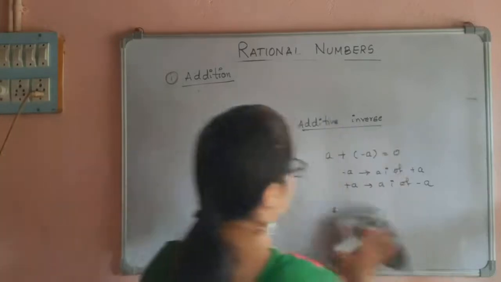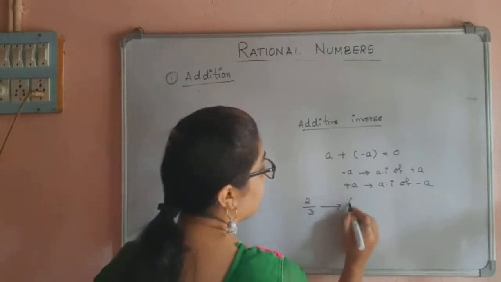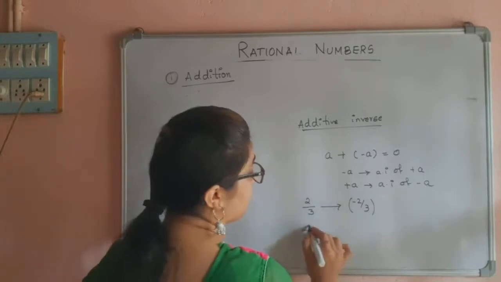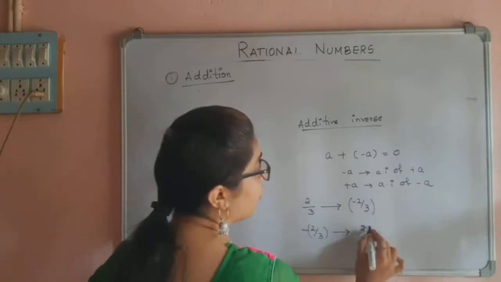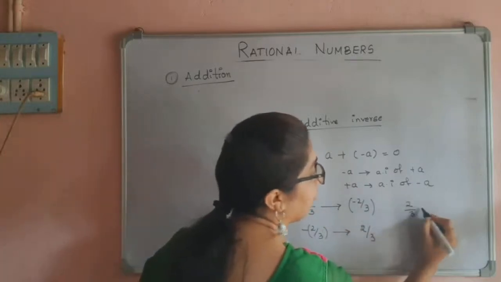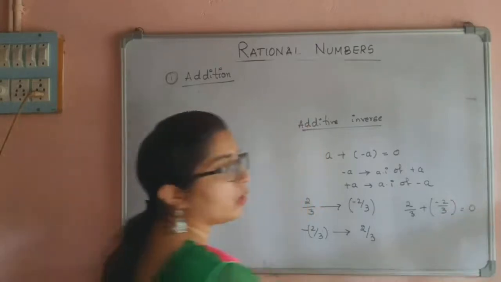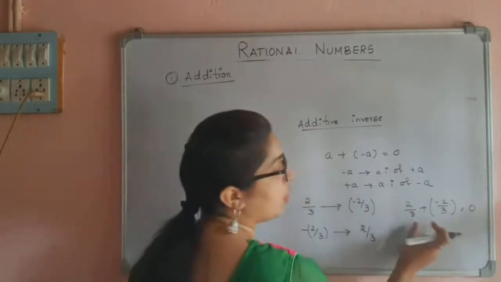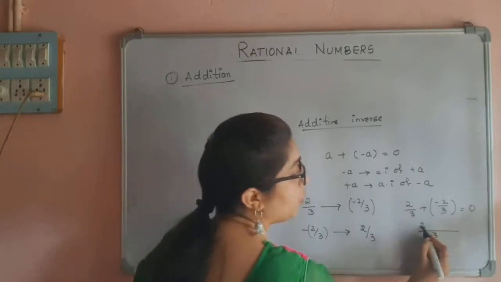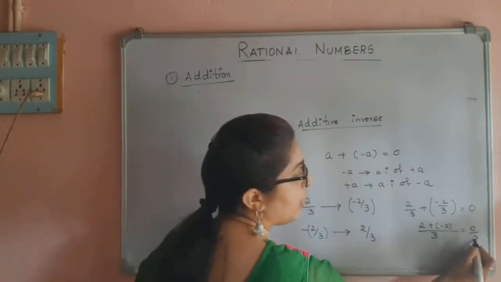And in case of rational numbers, you can consider 2 by 3. This is the additive inverse of minus 2 by 3. And minus 2 by 3 is the additive inverse of 2 by 3. Because if I add 2 by 3 plus minus 2 by 3, what happens? You will be getting 0, right? The denominator is the same, so I will take 3 common. Next you have 2 plus minus 2, so the numerator is 0 divided by 3.